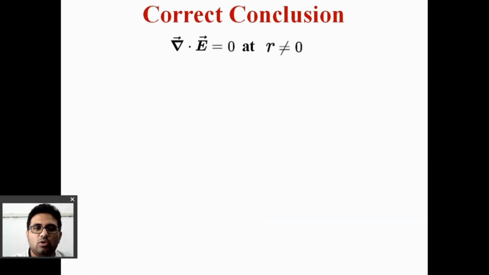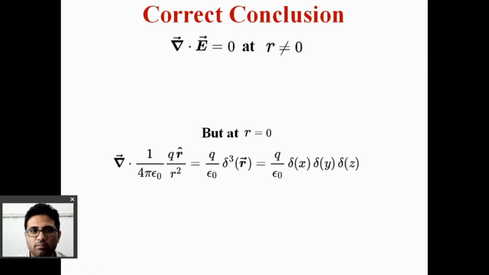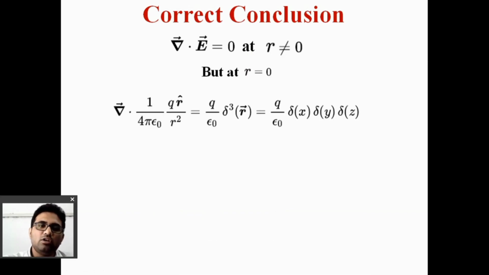So the correct conclusion is that the divergence of the electric field will be 0 when r is not equal to 0, but at r equal to 0 it is different. When the divergence operates on 1 by r square, it gives a term called delta cube r.